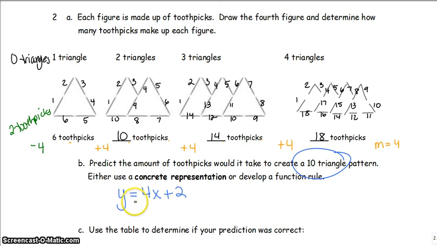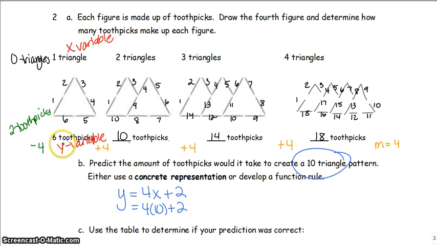And since we want to find 10 triangles, we plug in 10 for x, because y is representing the number of toothpicks, so the number of triangles is going to be representing our x variable, and the number of toothpicks is going to be representing our y variable. And that's because of our independent-dependent relationship.